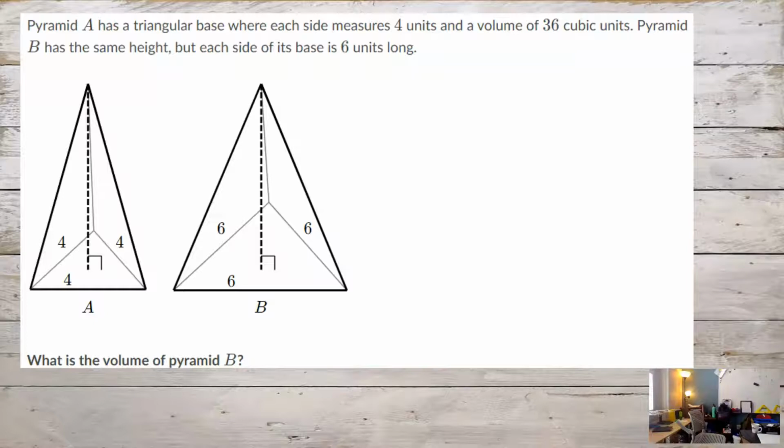What should we multiply by here? Not 1.5, because not 3. What is the area of my 6 by 6? 36. How do we get from 4 to 36? Ooh, 9.